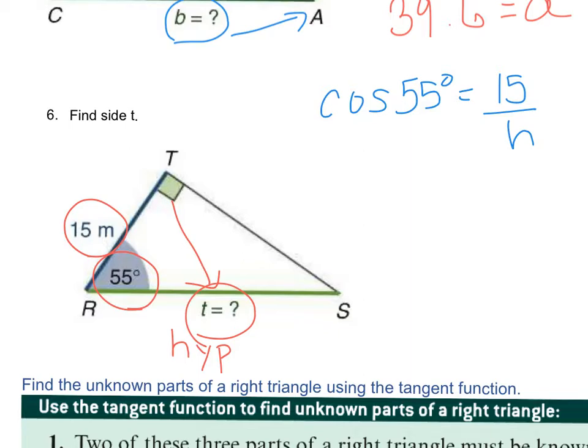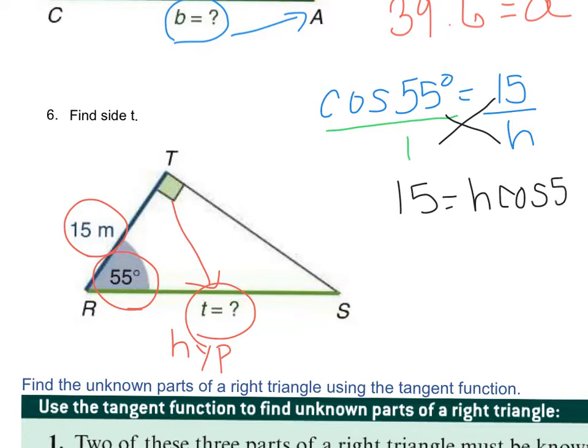Now, what I like to do is think of this as a proportion, and I just put my cosine of 55 over 1, and that helps me to think of it as cross-multiplying, which just in my mind makes a little more sense. And then you need to get your h isolated, and h is being multiplied by cosine of 55.